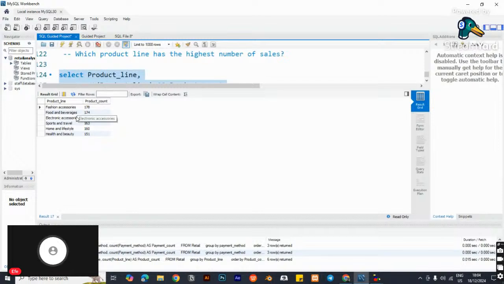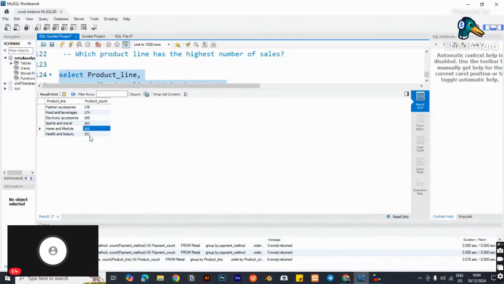We have fashion accessories, food and beverages, electronic accessories, sports and travel, home and lifestyle. The highest product count is fashion accessories. So we know that most people are patronizing fashion items more than food and beverages or electronic accessories.